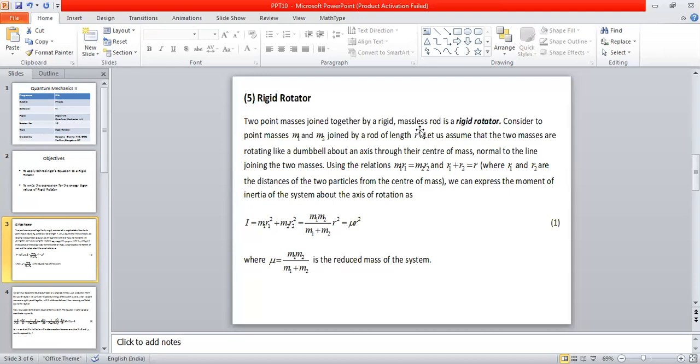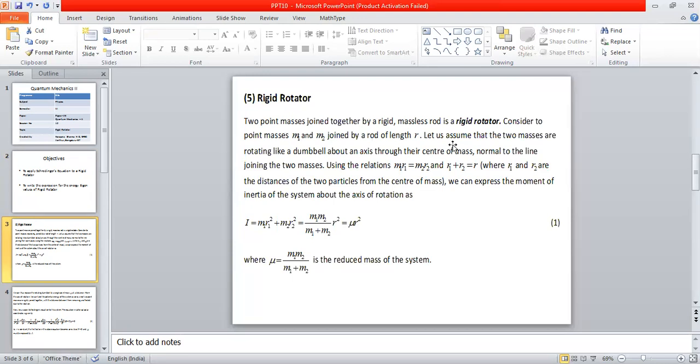It need not always be a rigid massless rod. It can also be something like a system in which two atoms are bonded together by a rigid bond. Although a rigid bond is an ideal case, for our discussion we are assuming that the bond between the two point particles or two atoms, whatever they may be, is a rigid one.